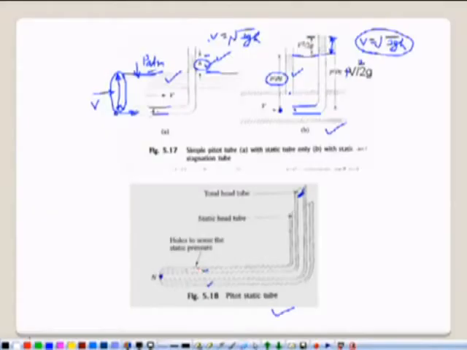On this hollow tube we have holes, 4-5 holes at the periphery. Now these holes will measure what pressure? Static pressure or stagnation pressure? Since these are parallel to the flow, these holes will measure static pressure.